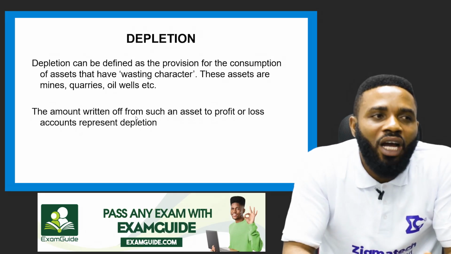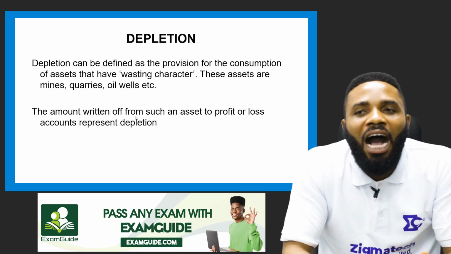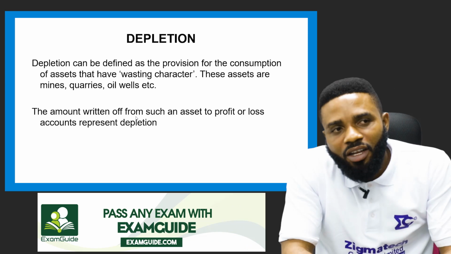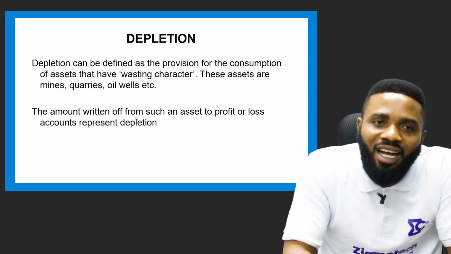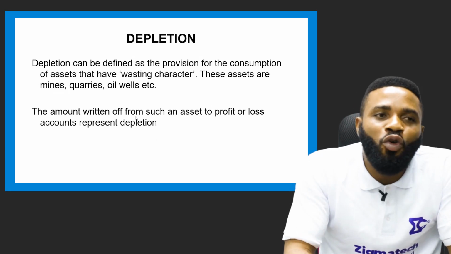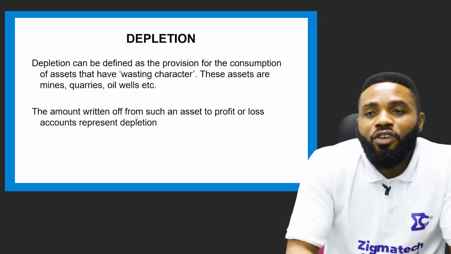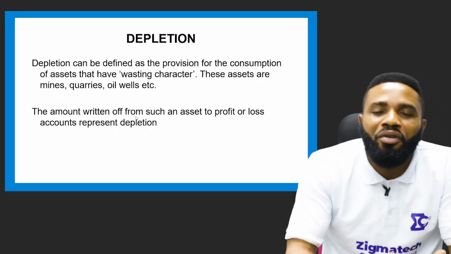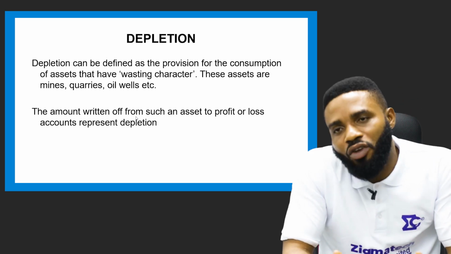And I will always use an example that students can go home with. The example of having a fish pond. When you have catfish in your fish pond, for instance, and then you are selling catfish, as you continue to sell, you have 200 catfish in your fish pond. As you continue to sell without replacement, at some point, you are going to exhaust the number of catfish in your fish pond.